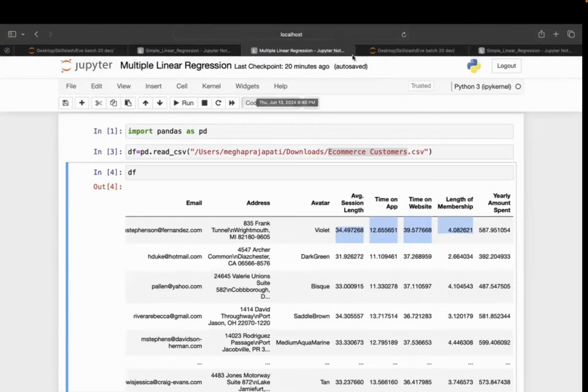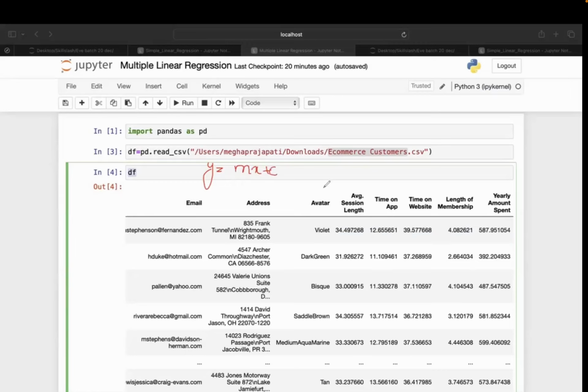What I told you: when we have n number of features taking participation, can we write the equation of the line somewhat like this? Let's say y equals mx plus c is my normal equation of a line.